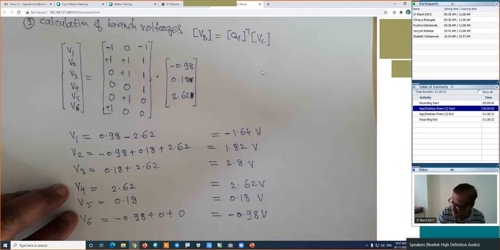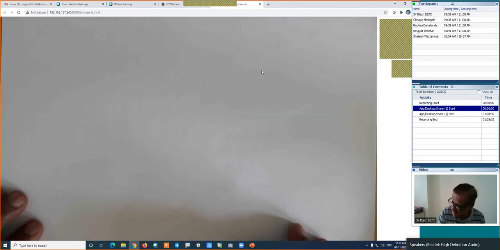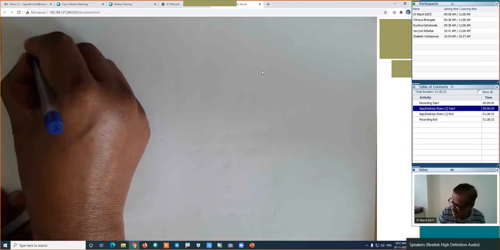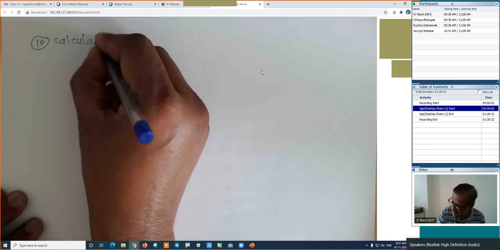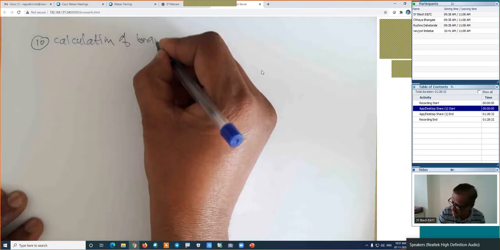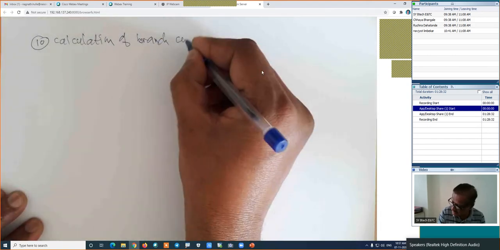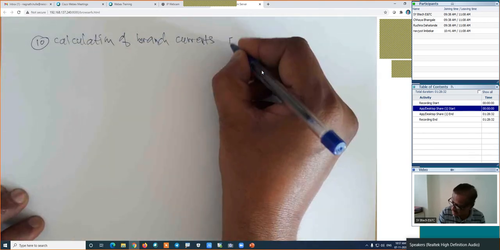This is the last point of the discussion in this particular case, which is step number 10, that is calculation of branch currents. What is the formula for the calculation of the branch currents?